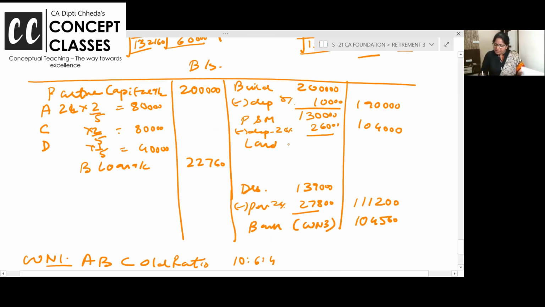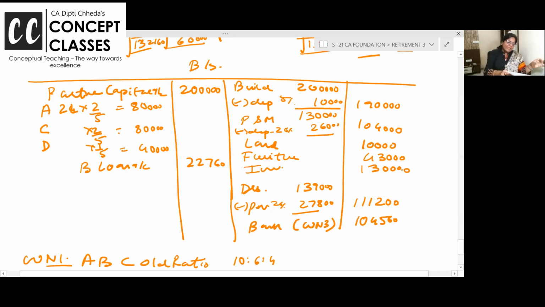Land 10,000, no change. Building हो गया, machinery हो गया, furniture no change. Investments are not there, they are already taken over. Inventory means stock 1,30,000, and receivables we have written and bank.